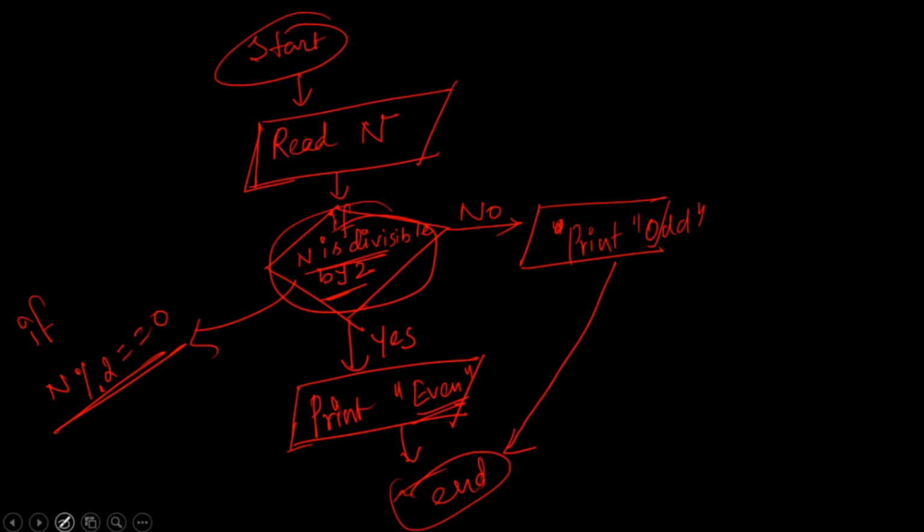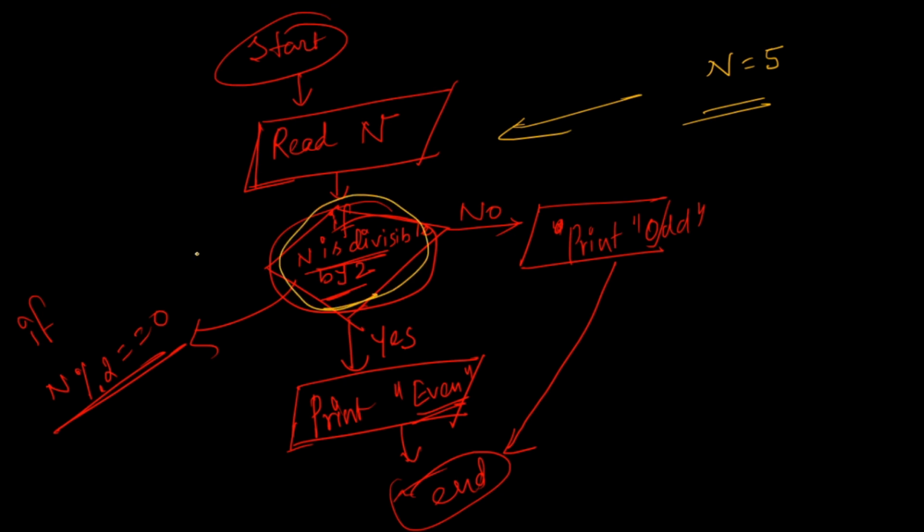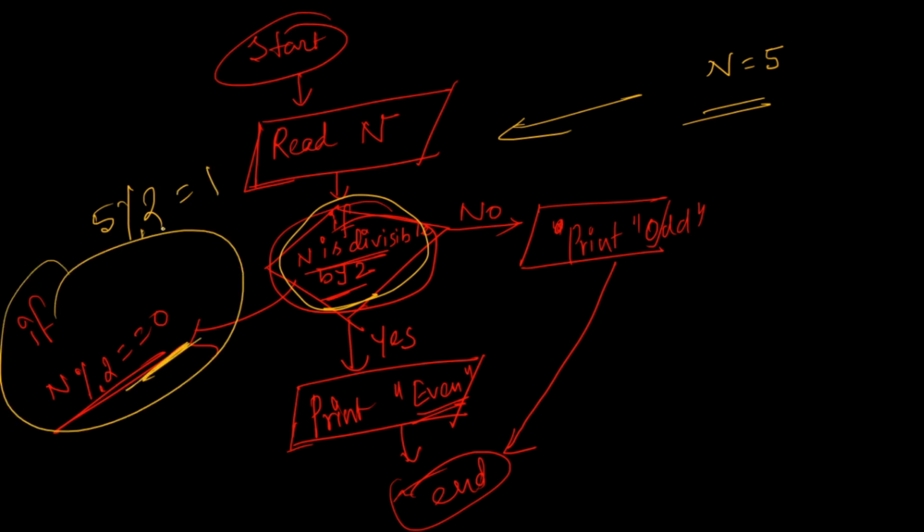Let's run it for an example. Let's say the number the user has given us is 5. First of all, we read n equals 5. Next we come to this condition: is 5 divisible by 2?